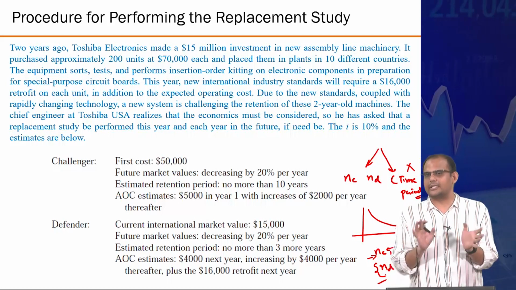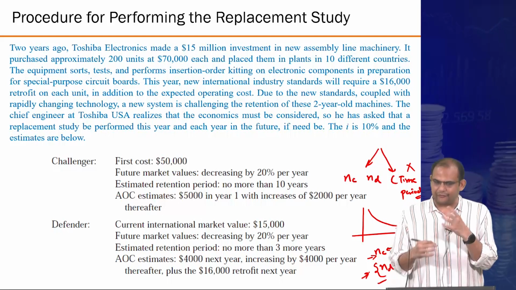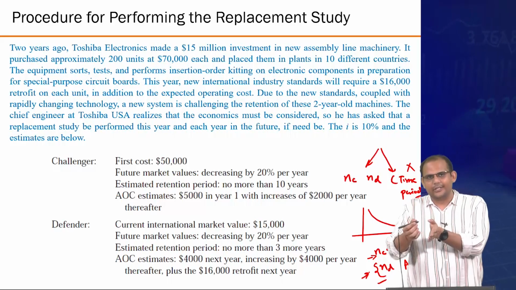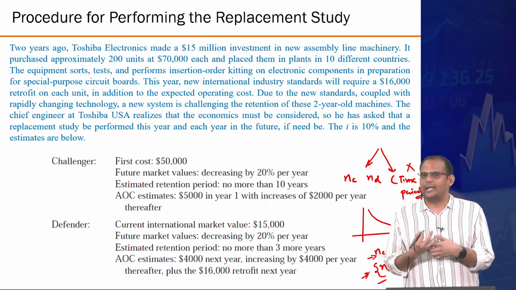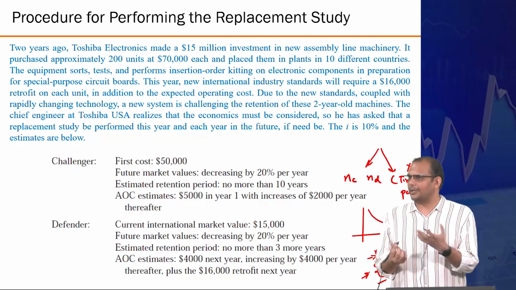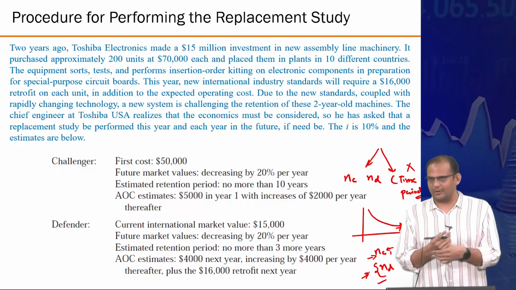And in the first case, if you find out that after 1 year you have already reached the economic service life of the defender, in that case also there is no option, but you need to replace because the defender cannot keep on going, right?